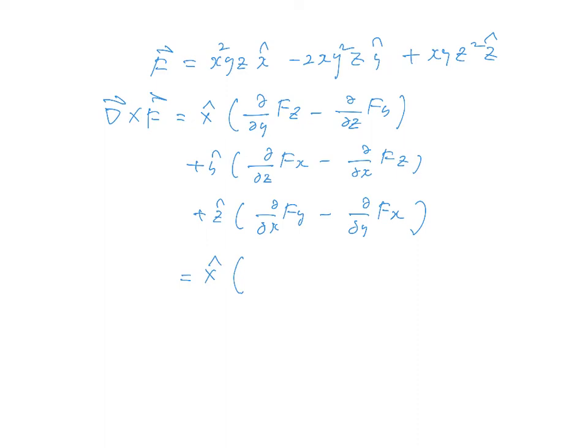Now, fz is x y z squared, and if you differentiate by y, what do you get? x z squared. Fy is x y squared z, and if you differentiate by z, what do you get?